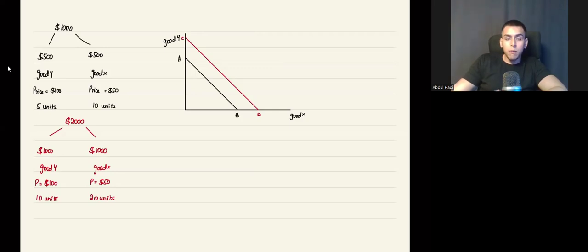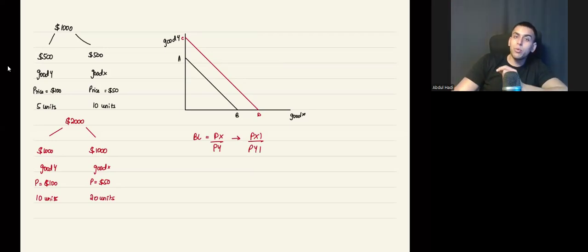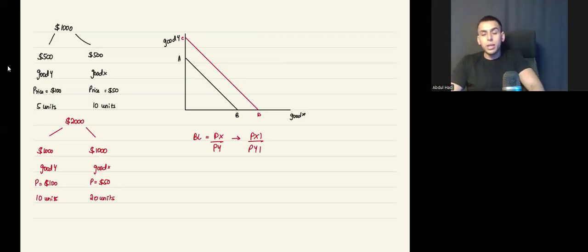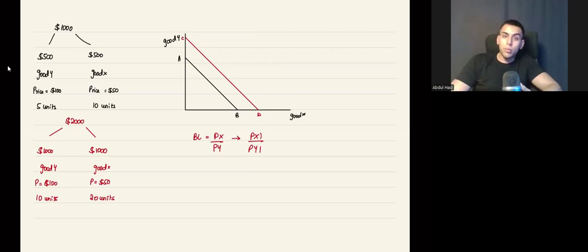So previously my budget line slope was PX over PY, and now it is PX1 over PY1. I have written 1 to represent the change for both of these goods, because it is increasing for both.